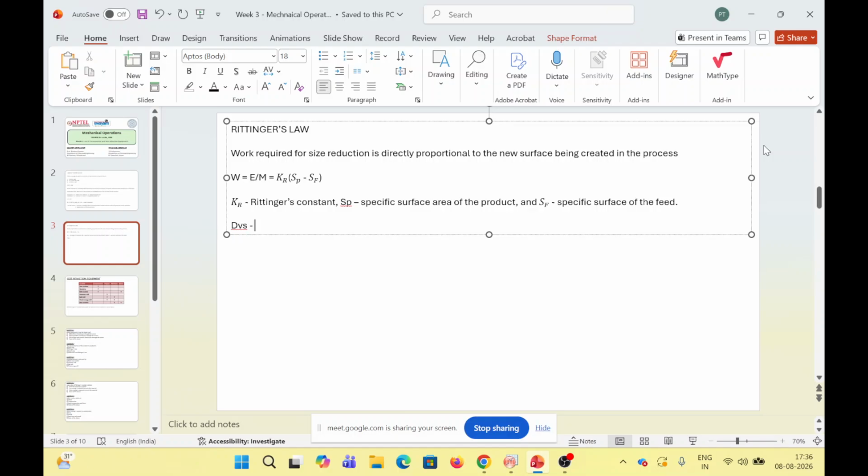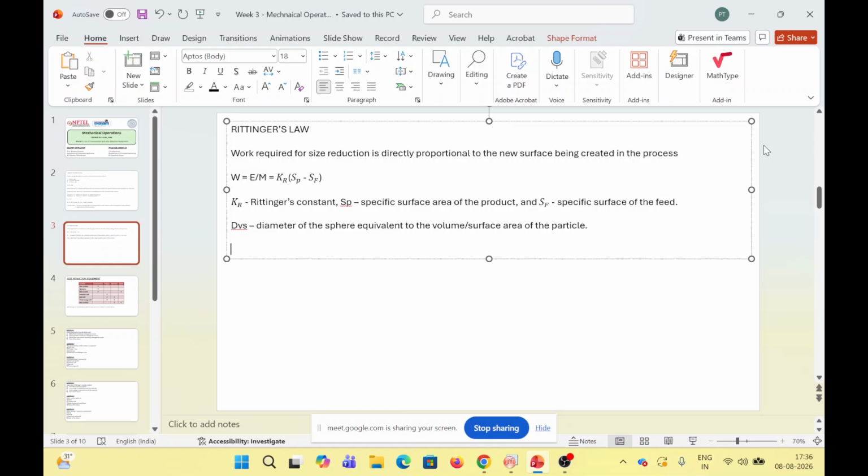In case you are not able to recollect, kindly have a look at the course content or the live interaction session slides whenever you find time. d_vs is the diameter of the sphere equivalent in volume to surface area of the particle.